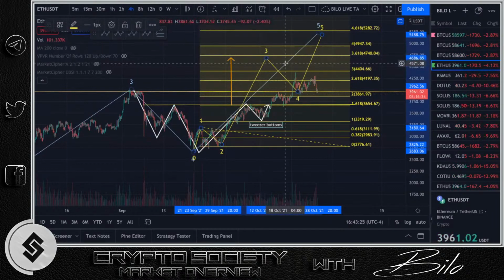Wave 3 typically, like I mentioned to you before, is 1.618, but that doesn't mean it has to stop at 1.618. Wave 3 can go way above 1.618, and it could be an extended wave 3.